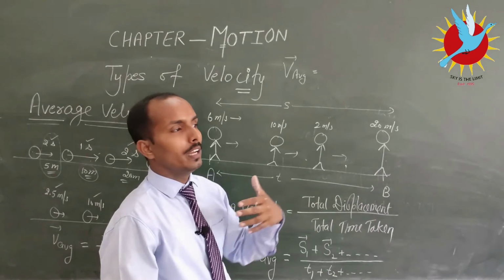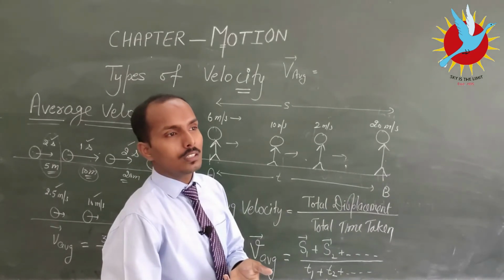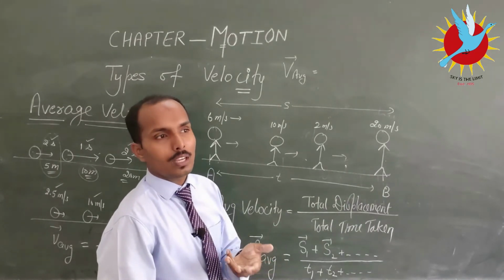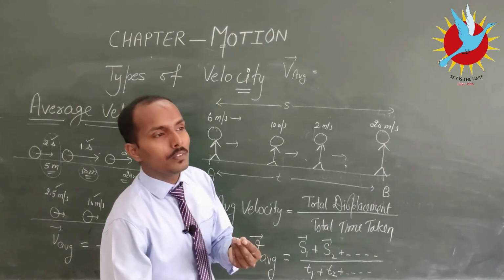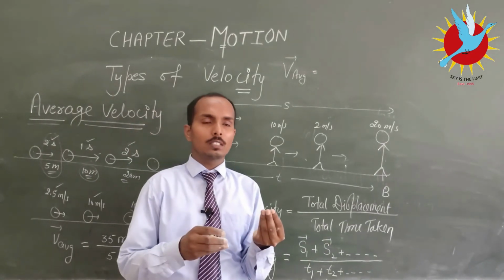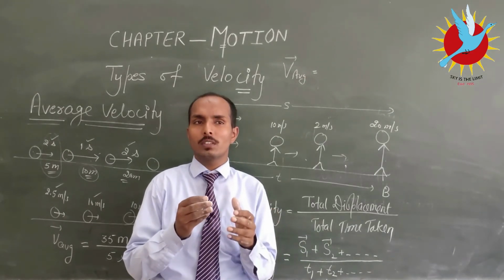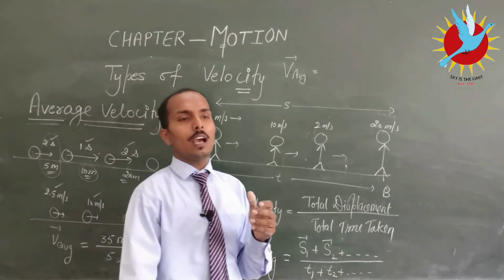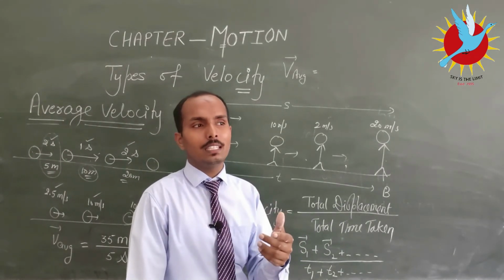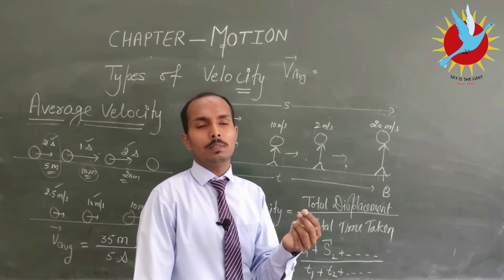In cricket we use run rate, or strike rate. Suppose in a cricket match, in 20 overs the average run rate is 6. What does it mean?